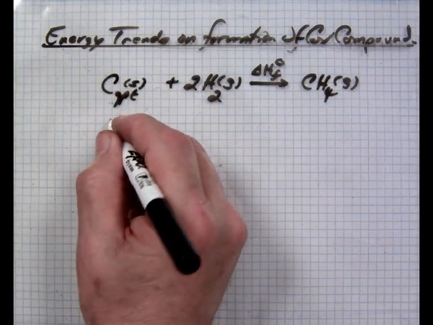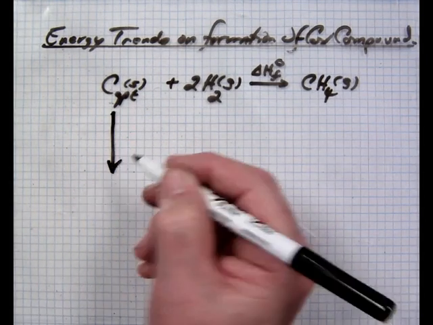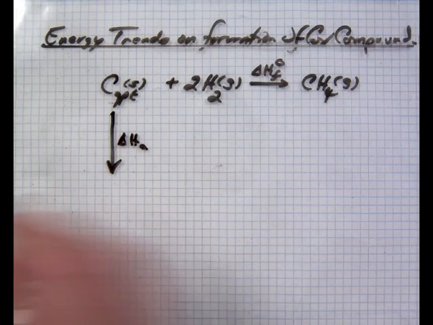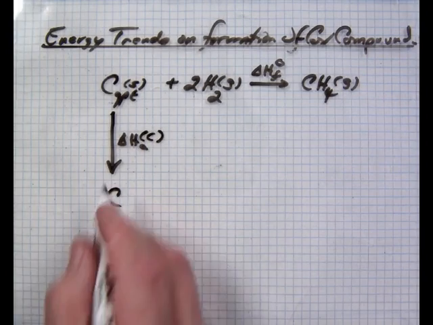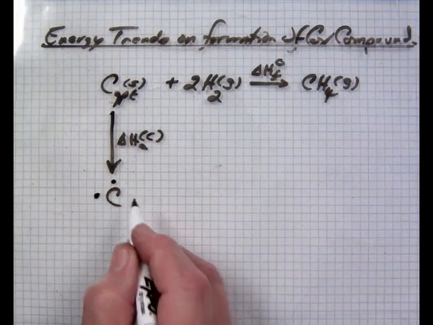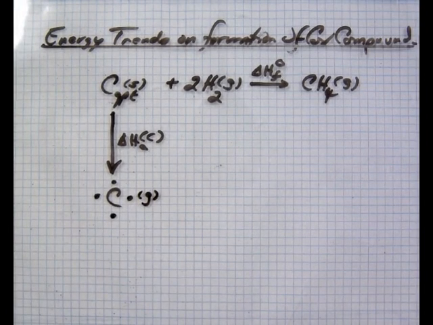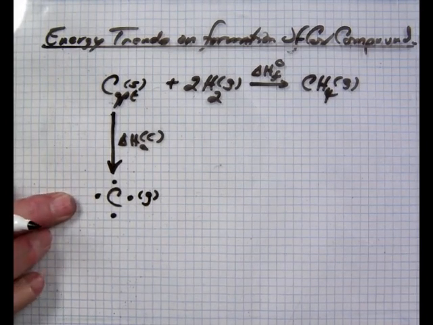To get that process, you have to convert this to a gas, just like we did. That's atomization. Delta H atomization for carbon, and it'll go to carbon with its bond sites. So you atomize it and you pick it up, and so this is 0 and this is at a much higher energy.